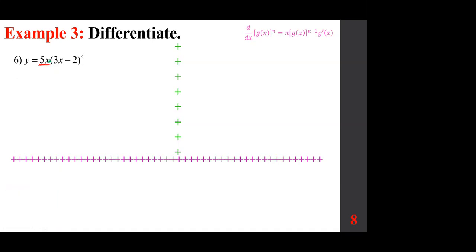Okay, which is the f function, times 3x minus 2 to the power of 4, which is the g function. And now I need to use the product rule in conjunction with the chain rule.